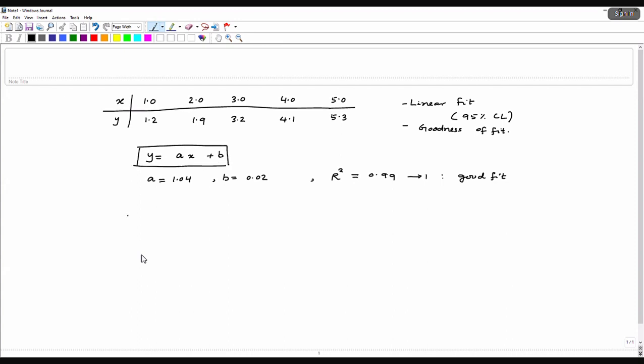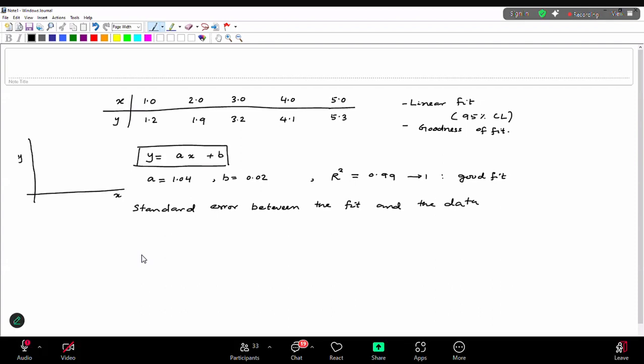Now, you can also find the standard error between the fit and the data, meaning when you plot X and Y, you have these data points which are looking like this.